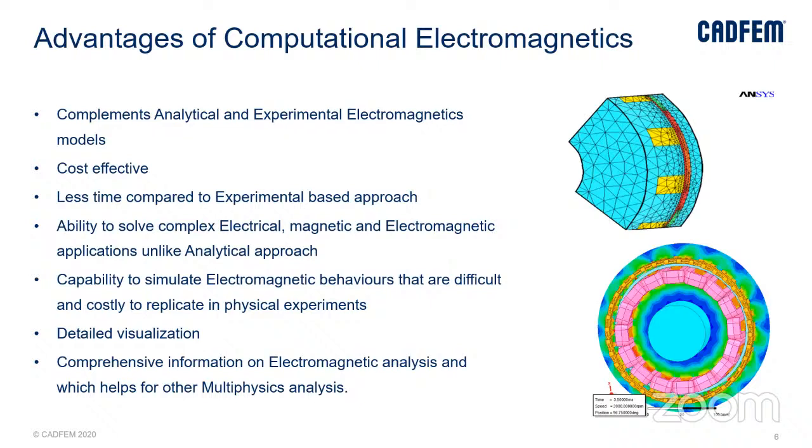It's really difficult to build that. So that's where simulation can help you reduce those experiments and the cost involved in the analysis. And of course, the next part would be comprehensive multiphysics analysis, which can help you do multiple analyses on these electromagnetic devices.